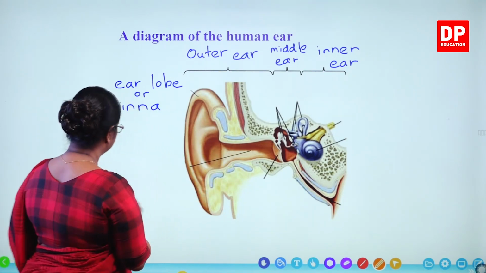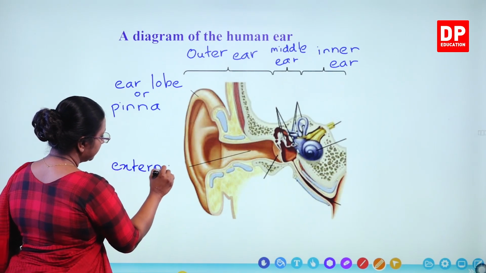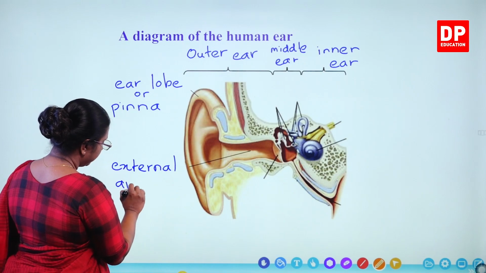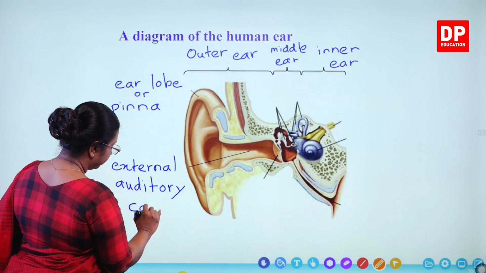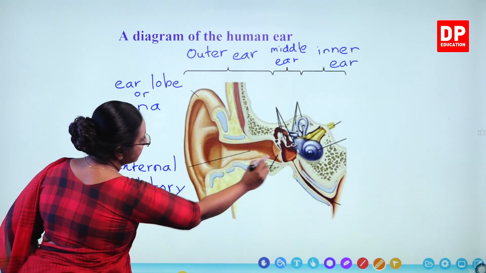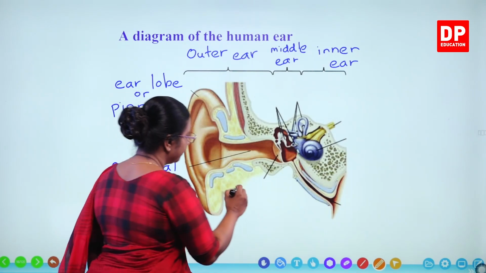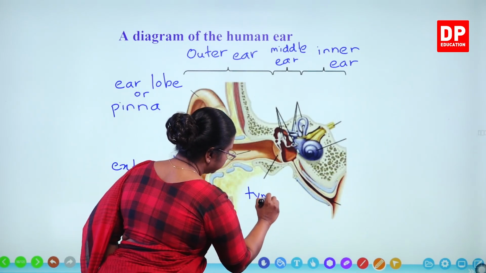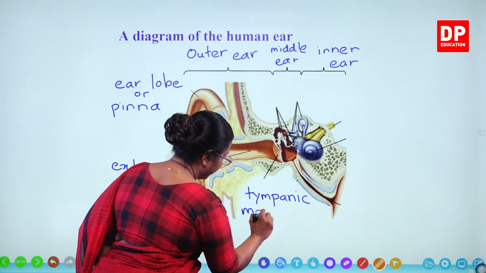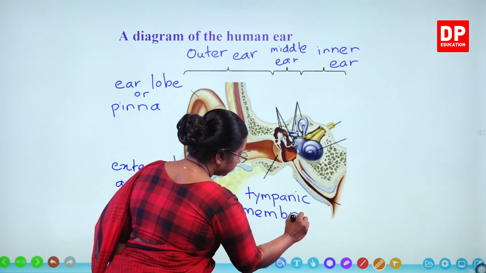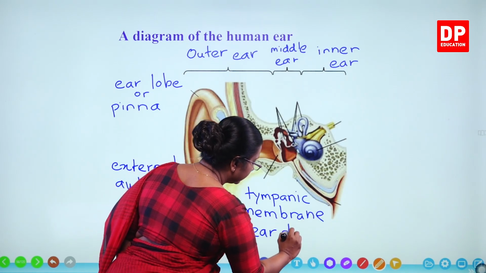Then that is connected to the external auditory canal. That is this part. Then that ends with the tympanic membrane. Tympanic membrane, that is commonly known as the eardrum.